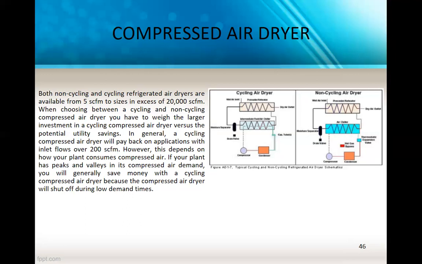In general, a cycling compressed air dryer will pay back on applications with inlet flows over 200 SCFM. 200 and above, suggestion is the cycling. However, this depends on how your plant consumes compressed air. If your plant has peaks and valleys in its compressed air demand, you will generally save money with a cycling compressed air dryer because the dryer will shut off during low demand times.